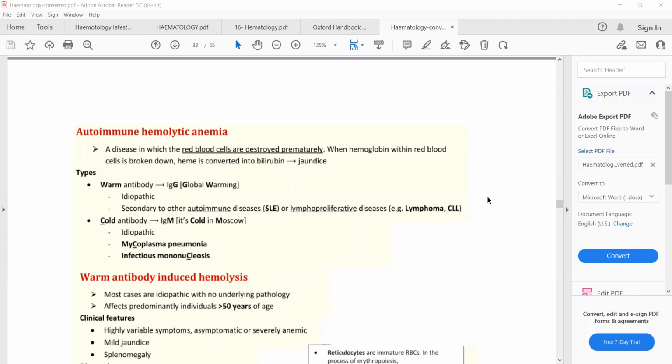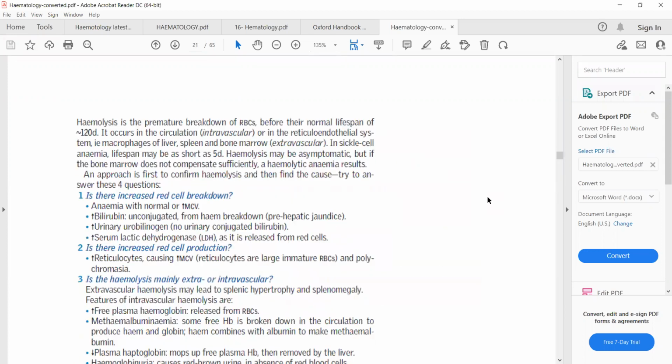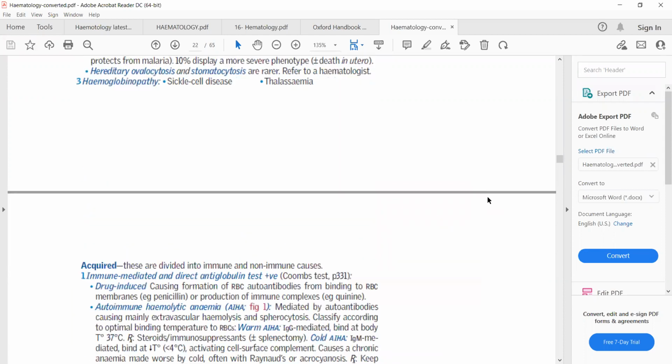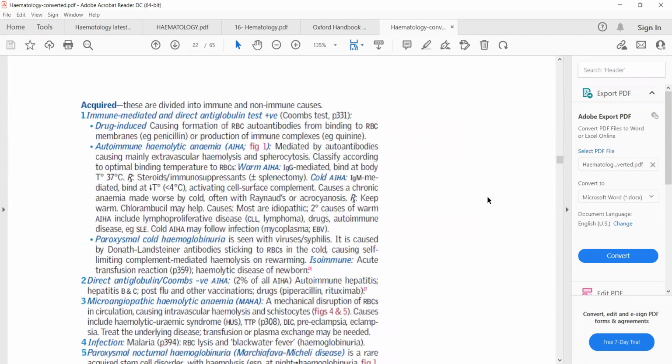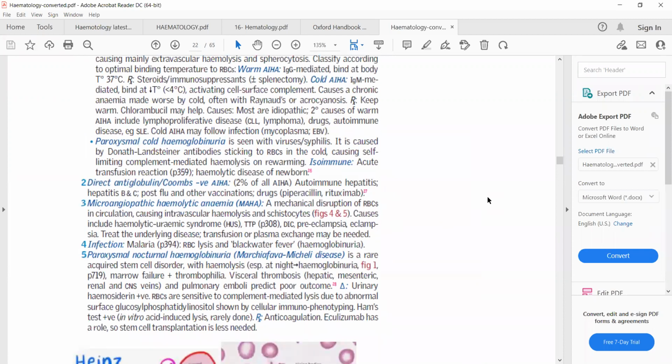So now we'll discuss some acquired causes of hemolytic anemia. The acquired causes of hemolytic anemia are autoimmune hemolytic anemia, microangiopathic hemolytic anemia, infections such as malaria that we will discuss in the infectious disease chapter, and another one is paroxysmal nocturnal hemoglobinuria.